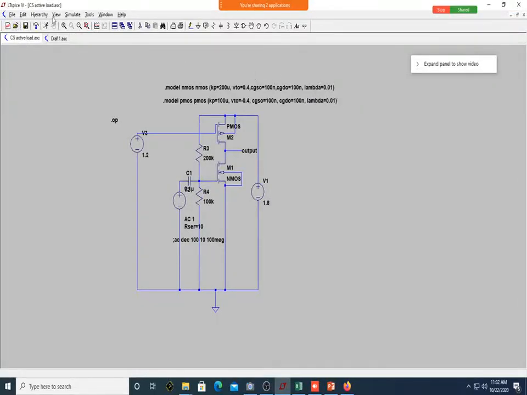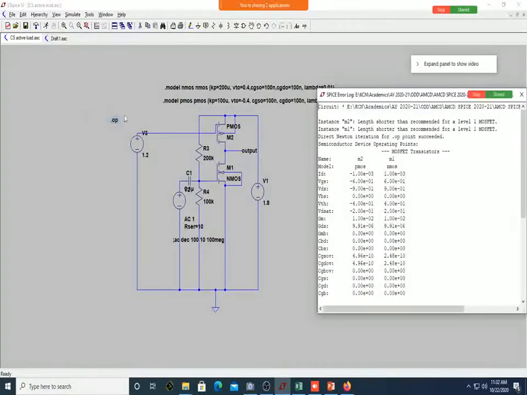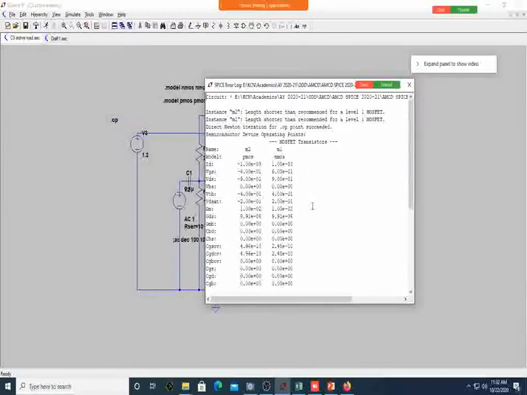So let me also see, am I able to see the GM value? Can you see now? This is something extra. Can you see VDS SAT? Can you see it is 0.2? And here it is minus 0.2 because it is now VSD, not VDS. That's why it is minus 200 millivolt. How much is GM?